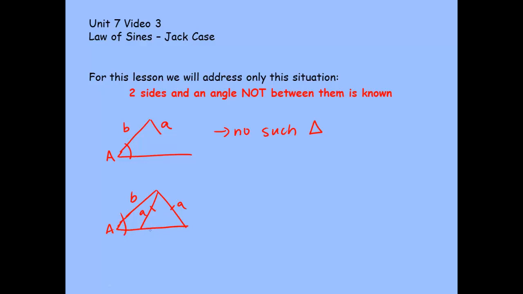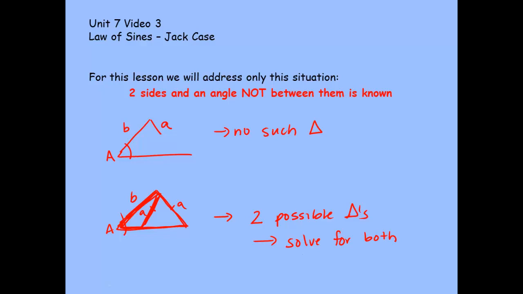However, I'm looking for the larger triangle here, or this triangle highlighted here. In this case, we will have two possible triangles, and we will be solving for both. In the simplest situation, A will have exactly one perfect value, and there will be only one option.